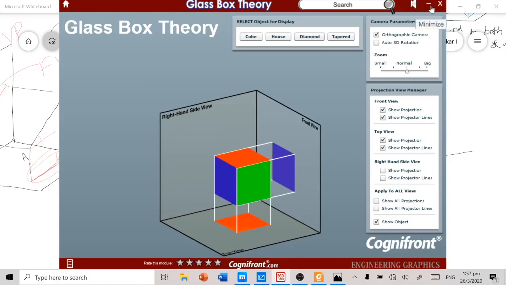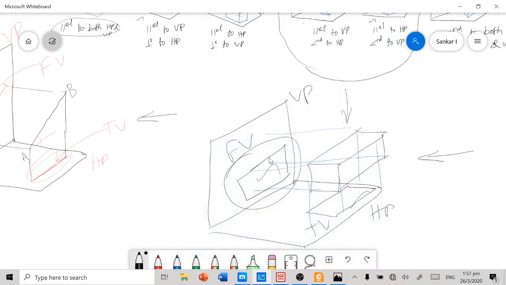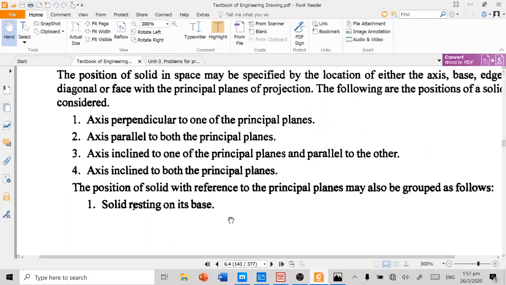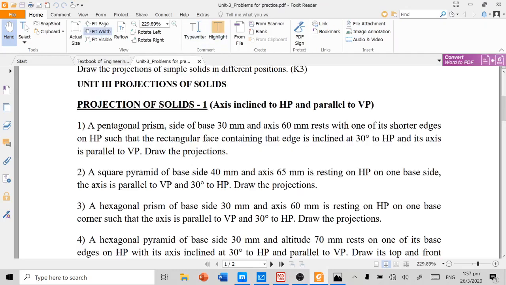In addition to the projection, when you go deep into the problems, I already showed you a problem, so if possible please write down this problem.